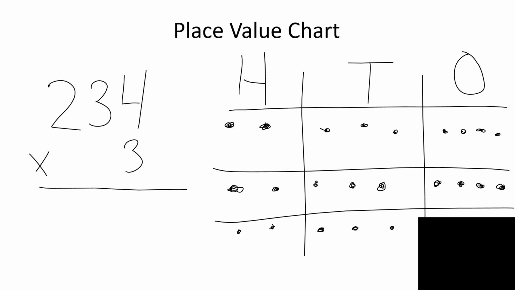Now, from what we remember, we cannot have more than 9 in any place value. So what we have to do is bundle 10 of those discs or dots or whatever you want to call them and move them over to our tens place.